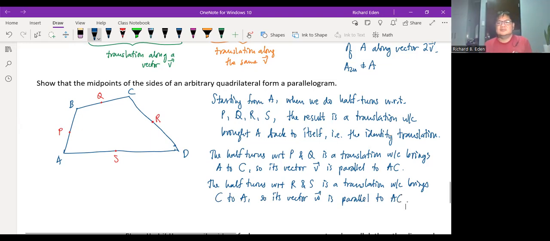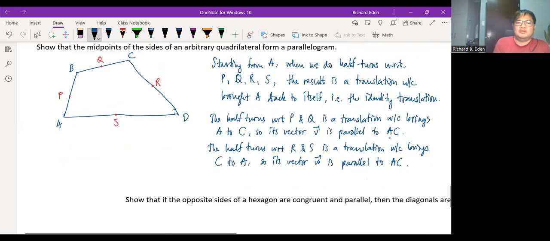However, okay, when you do the 4 translations, the result is supposed to be the identity translation.